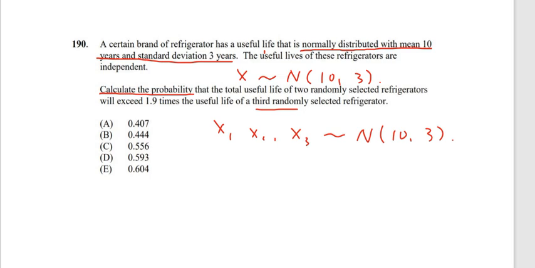So we want to find the probability that x1 plus x2, the total lifetime, is larger than 1.9 of x3.